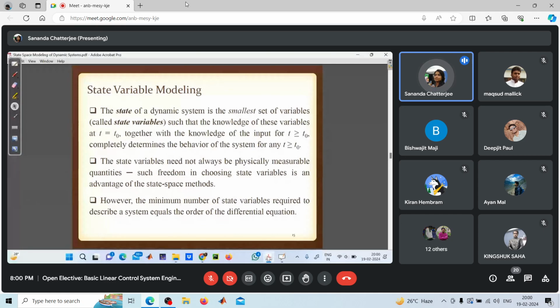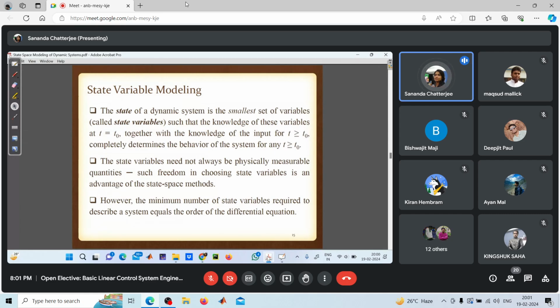The state of a dynamical system is dependent on some set of variables at t equal to t0. T0 is considered as the initial time at which the input will be provided.